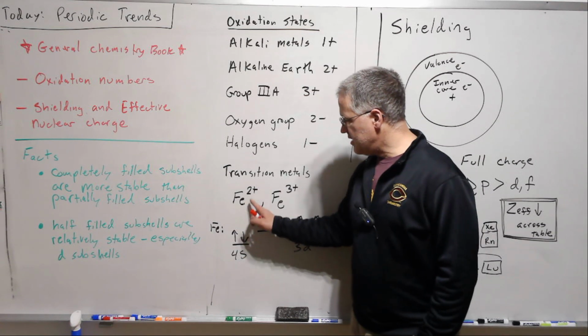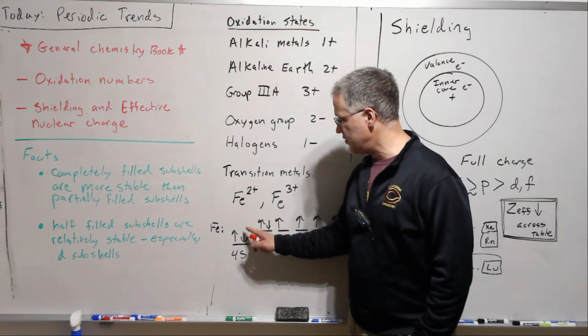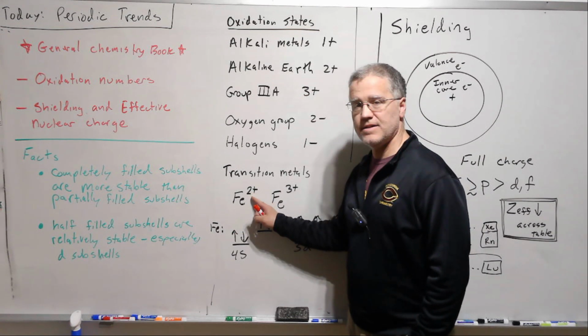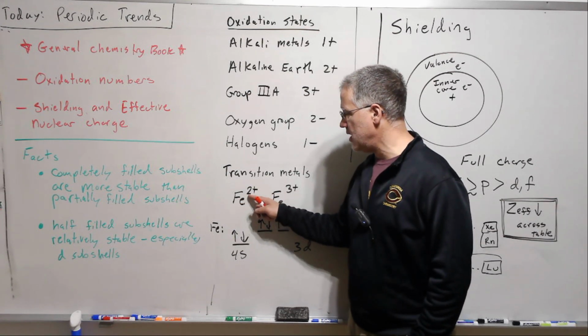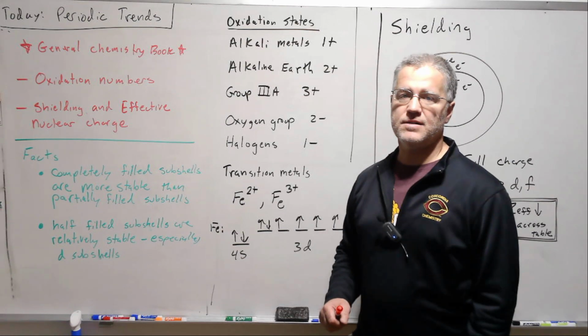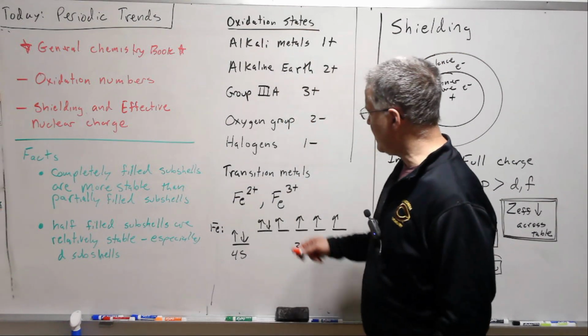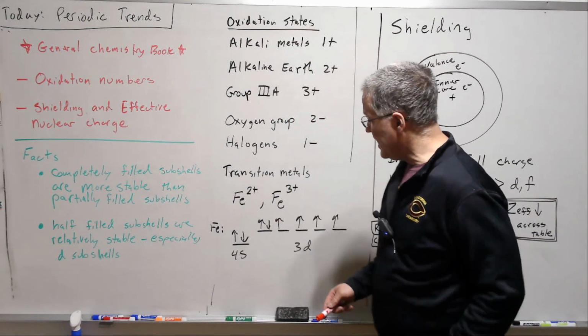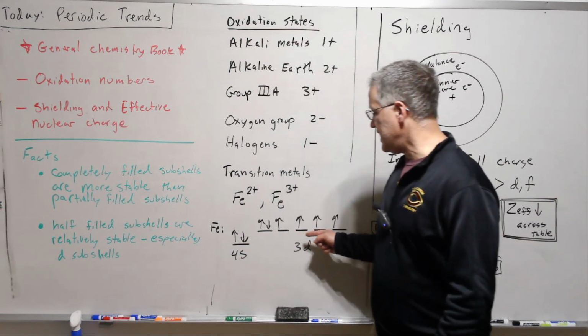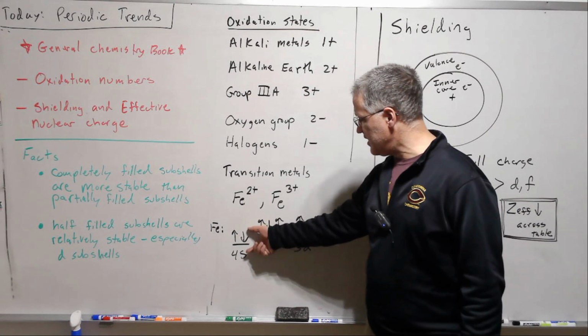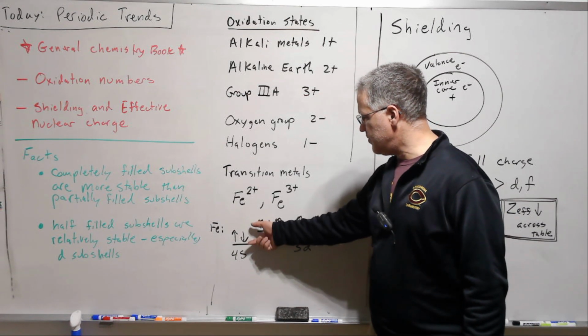Because of that, almost all transition metals will have a relatively stable, might not be their most stable, but a relatively stable +2 charge as an ion, or a 2+ oxidation state. That's coming from losing the 4s electrons, which is relatively easy to do because of this spin pairing energy.